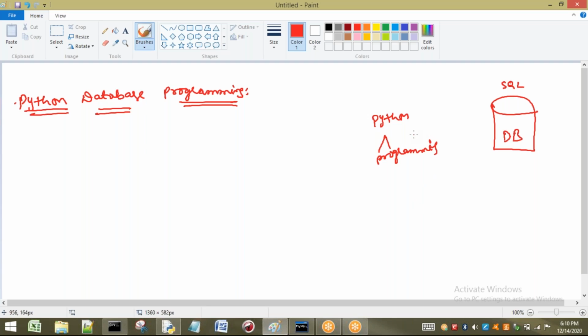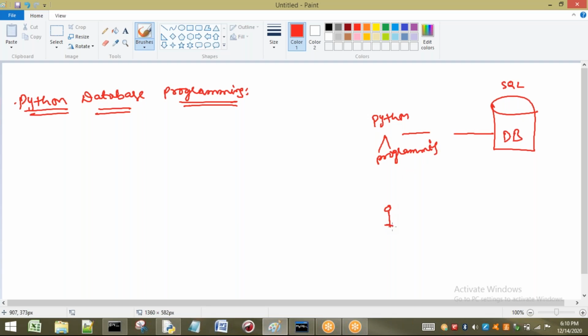So how to communicate between these two? This language is different and that language is different. How to communicate between our Python programming and database? First we have to understand that.